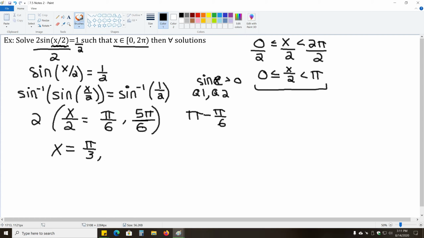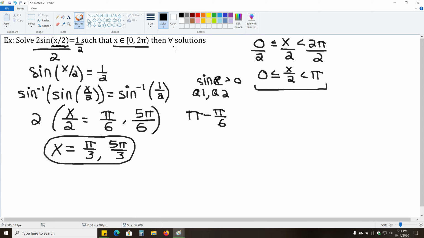And 5 pi over 6 times 2 is 10 pi over 6, or 5 pi over 3. So these are the two solutions between 0 and 2 pi that solve 2 sine of x divided by 2 equals 1. But now we want to solve for all solutions.